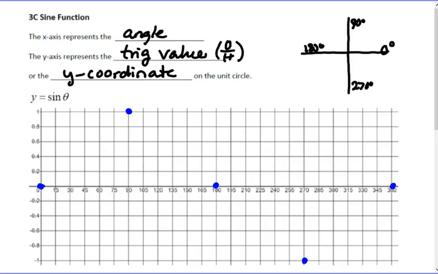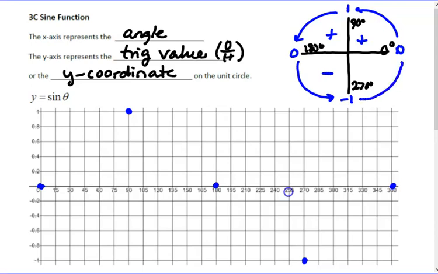So the sine value here is 0, 1, 0, -1. As we go from 0 to 1, we have all positive sine values, and as we go from 1 back to 0, we still have all positive sine values, they're just getting smaller. Then as we go from 0 down to -1, we have all negative sine values, and from -1 back to 0, we still have negative sine values.